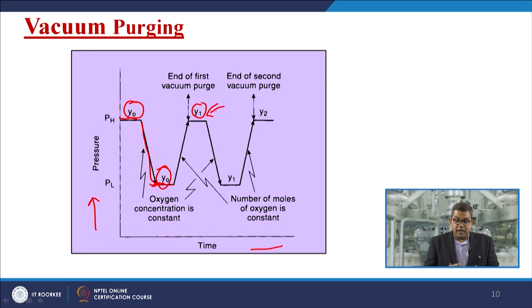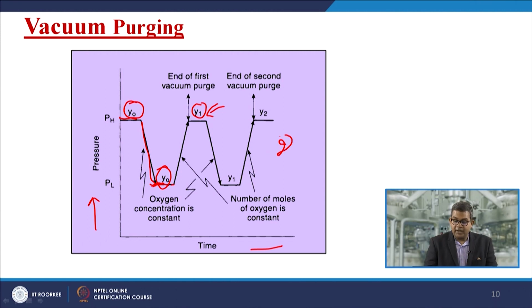And suppose you are unable to meet this LOC requirement, then you need to repeat this system again and again. So in this particular plot, the steps are repeated twice, until it reaches the final desired concentration of oxidant.